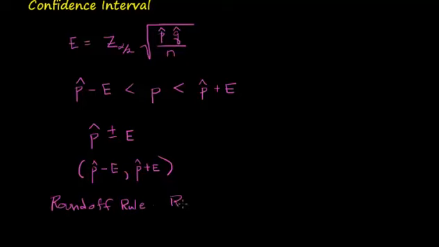We round confidence interval limits to 3 decimal places, unless you're otherwise instructed. That's the standard.